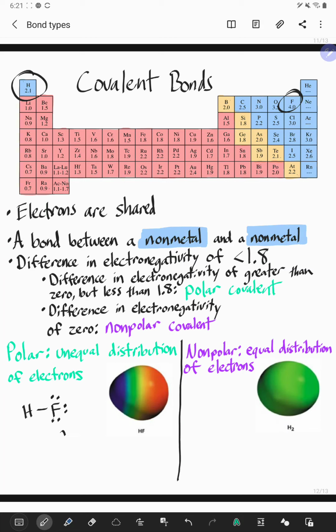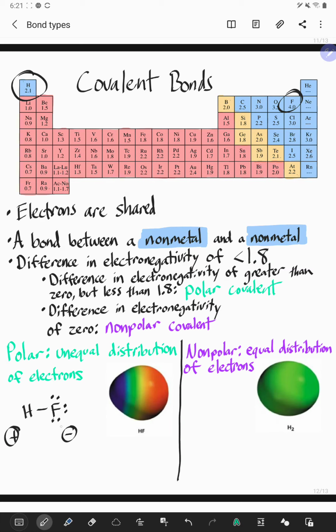So I'm really bad at drawing the symbol, but there's a symbol that looks somewhat like that. And then you're going to say negative. So there's a partial negative charge and a partial positive charge over here. We don't say that there's a full-on negative charge here and a full positive charge over here, because they're still sharing electrons.